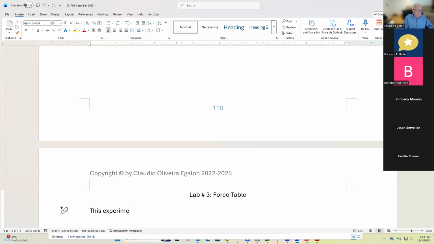This experiment is to demonstrate in real life practice how vectors sum in the 2D space.